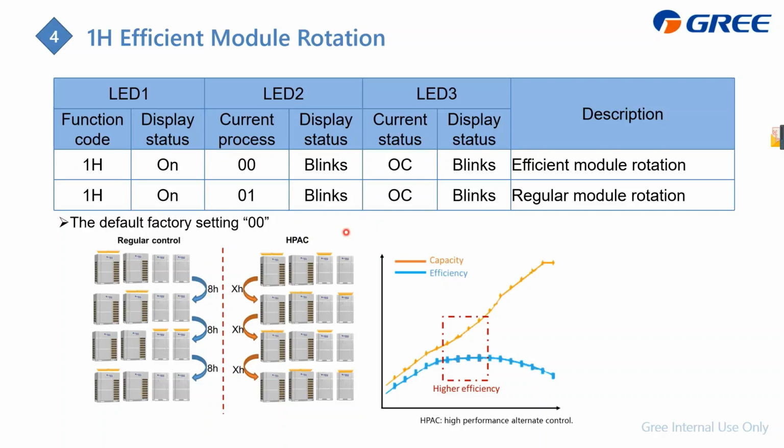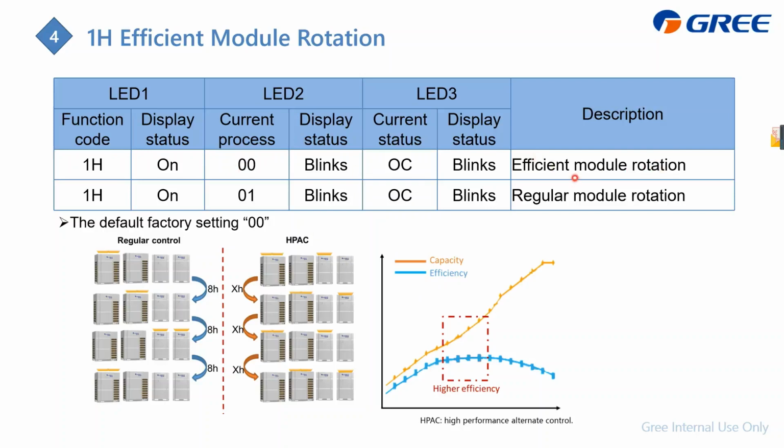Efficient module rotation not only considers the running time, but the system can also choose the most energy efficient combination of units. So it uses less power. The default setting is efficient module rotation, which is 00.